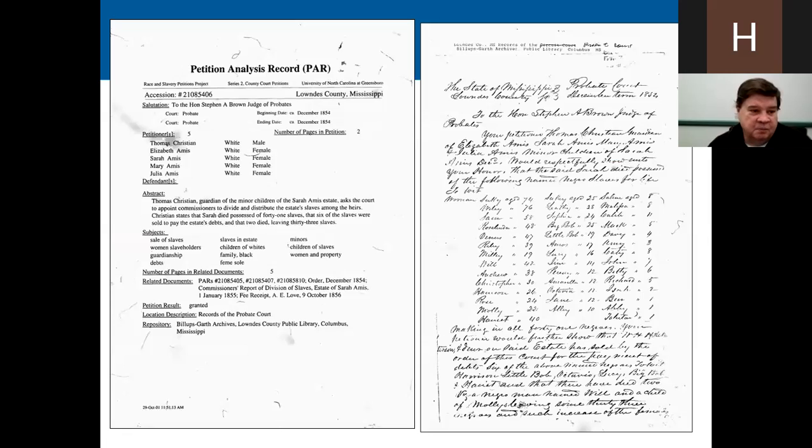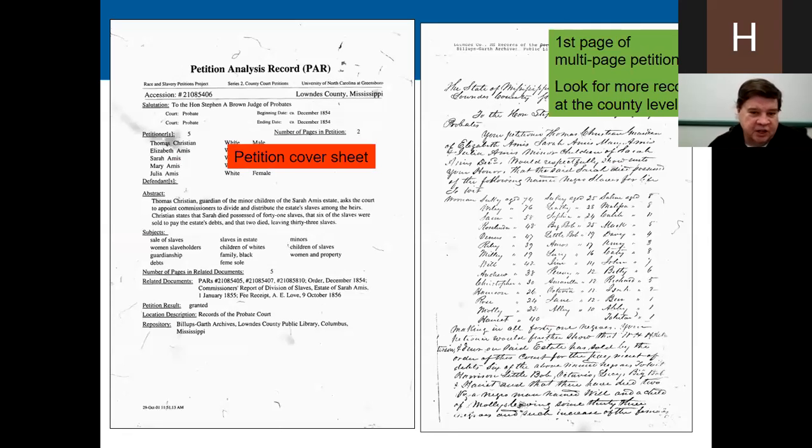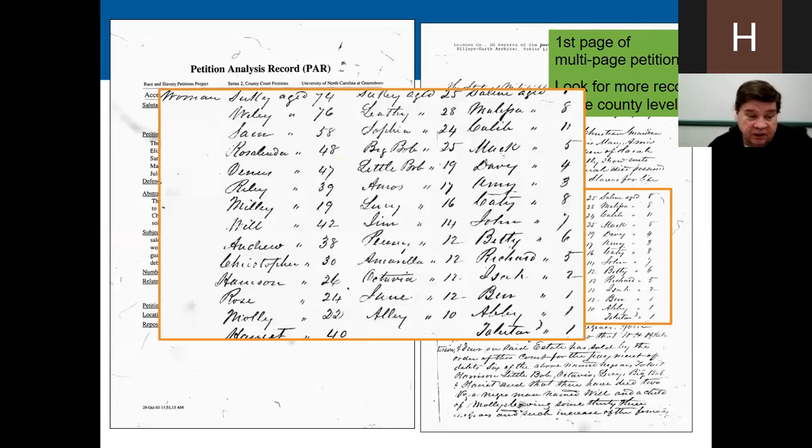Now, when I go to the microfilm to look at this, there's a petition cover sheet, but then there's a multi-page document. And included in this is a list of all the people that they're talking about in this lawsuit and their age. This could be potentially a goldmine of information.